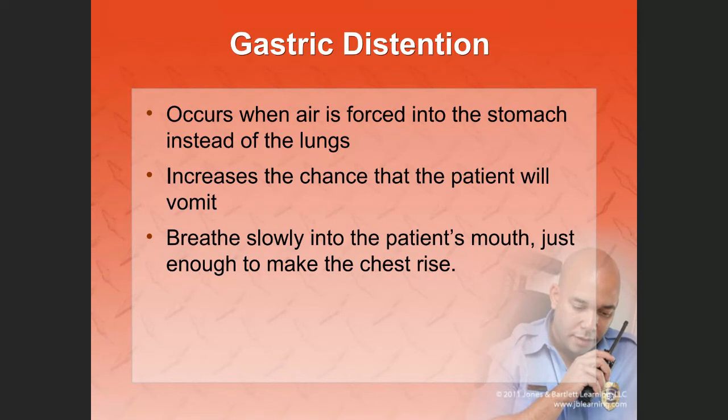If the airway is not positioned properly and you squeeze the bag, the air did not go into the patient's lungs, it went somewhere, and it's going to take the path of least resistance, which would be the esophagus, which goes to the stomach.